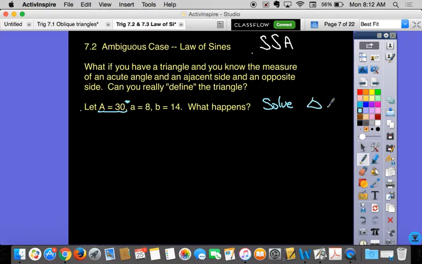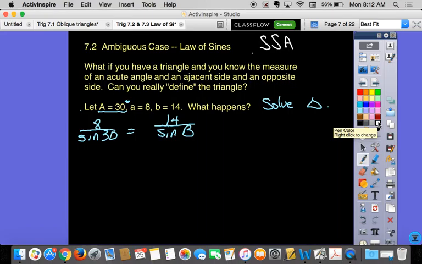So we've got 8 over sine 30 equals 14 over sine of B. This is a little different. I'm solving for an angle. Earlier, we haven't done that. We've been solving for sides, so it's got a different feel to it already.